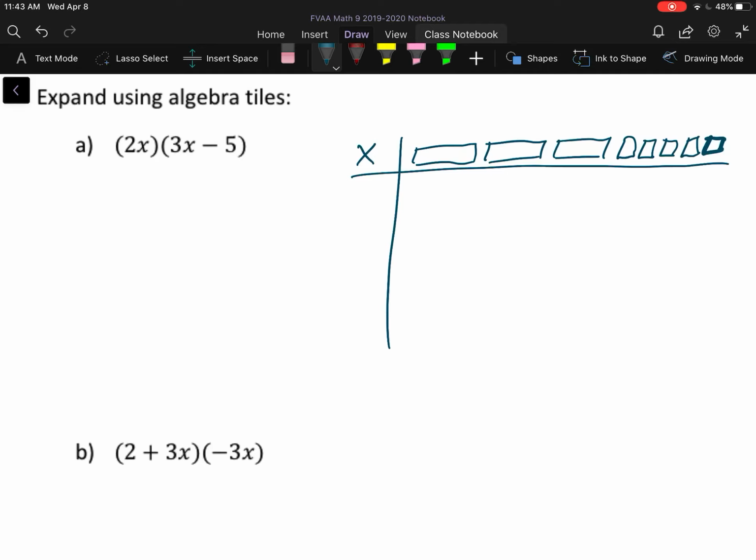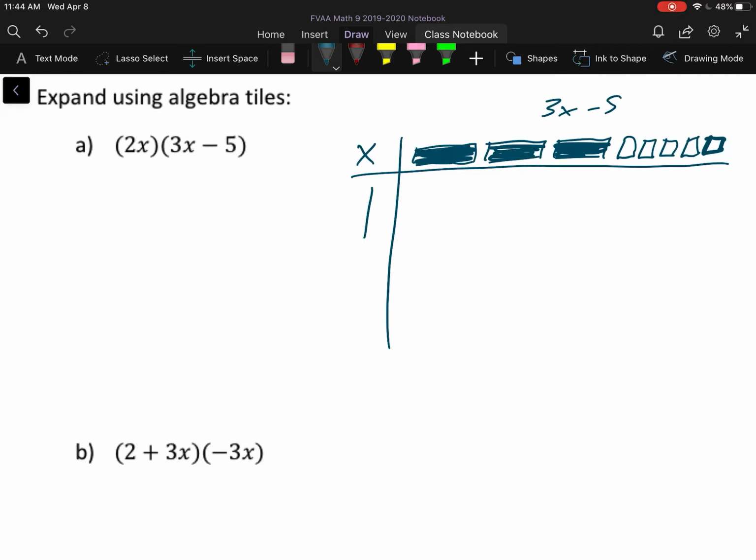Oops. And of course, the 3x are positive 3x, so these have to be shaded. Okay, but the negative 5, those are negatives, right? Those are negative 5 negative 1s. So those are not shaded; they're left open.